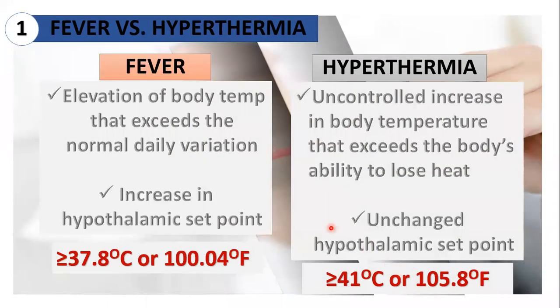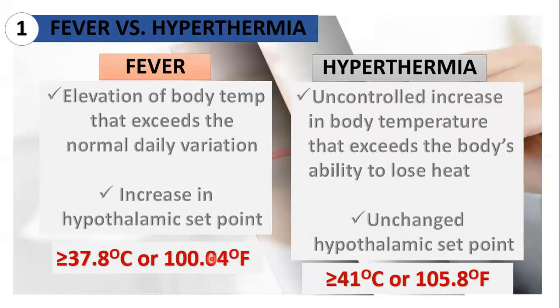Fever is defined as a body temperature greater than or equal to 37.8 degrees Celsius or 100.04 degrees Fahrenheit. Okay? While for hyperthermia, it is greater than or equal to 41 degrees Celsius or 105.8 degrees Fahrenheit. Okay, you have to remember these values so that you could be able to differentiate the two.